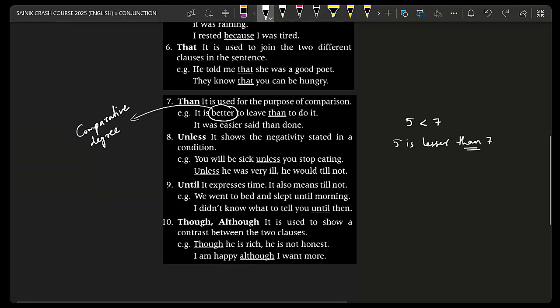Sir, can we use it like this: I was not came because so it was raining? Come again? Sir, I was not came to school because it is raining. We can use like this sentence. You can use only one condition: you should use "because" if the reason comes next.